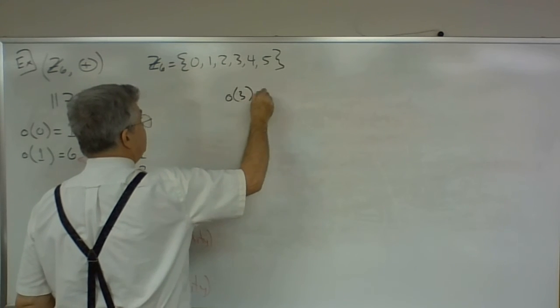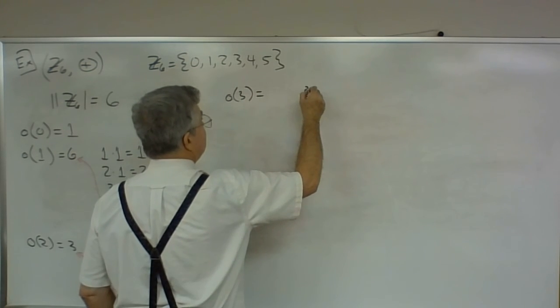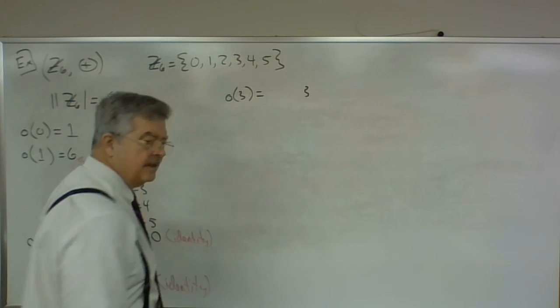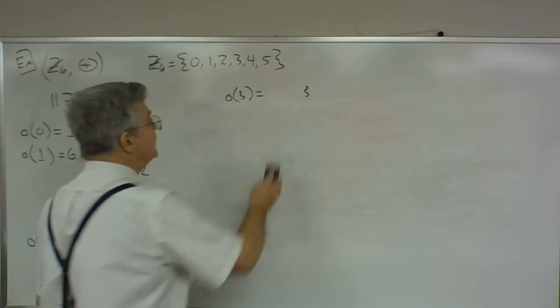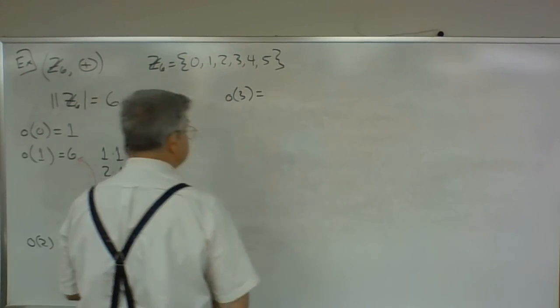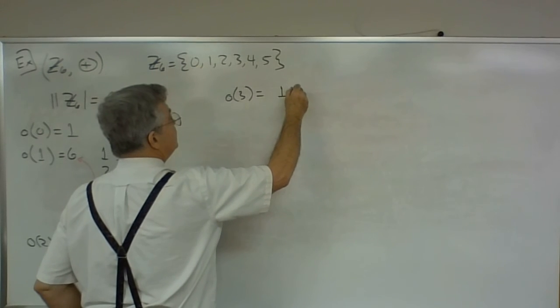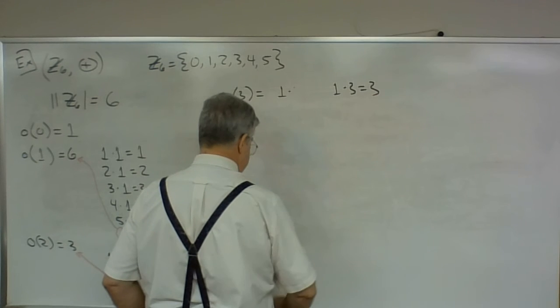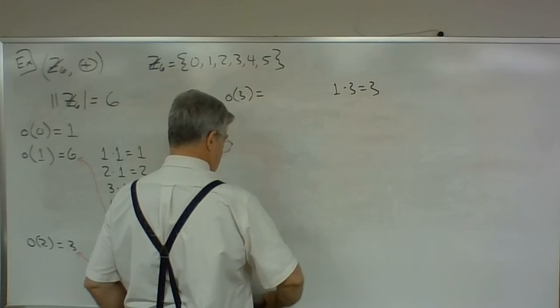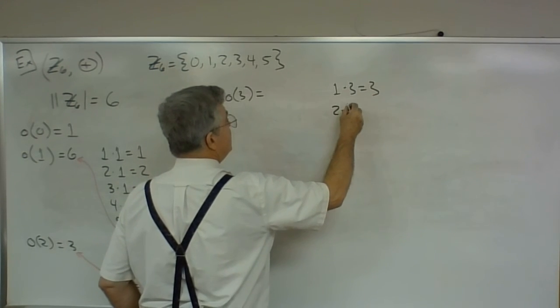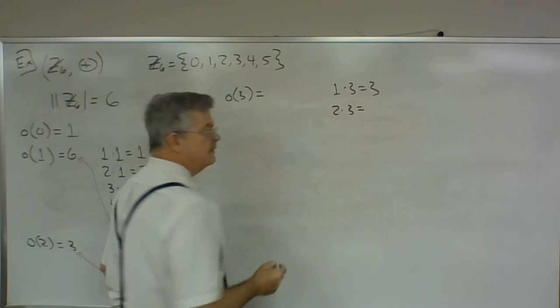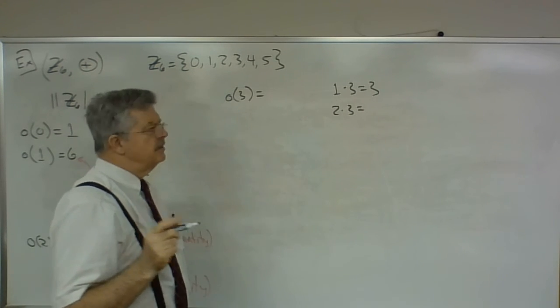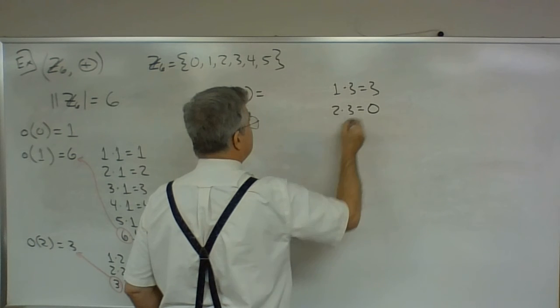Order of 3. 1 times 3 is equal to 3. 2 times 3 is equal to 6, but 6 is congruent to 0 mod 6.